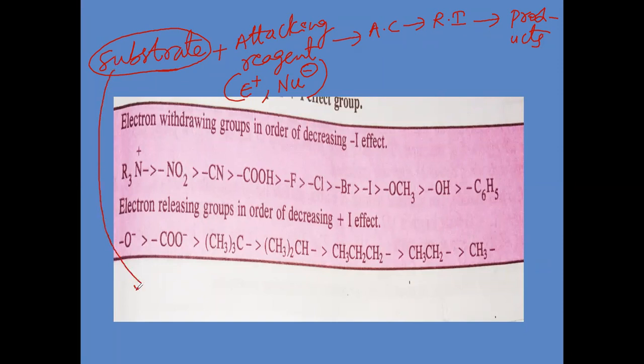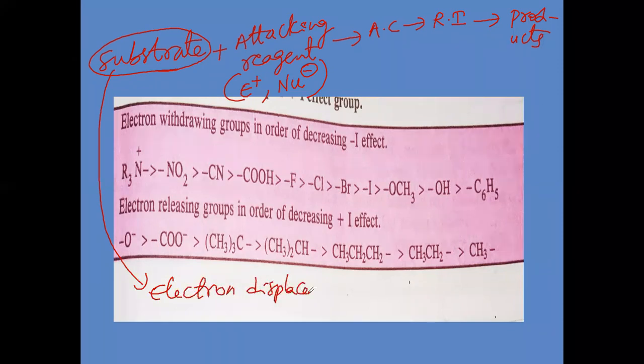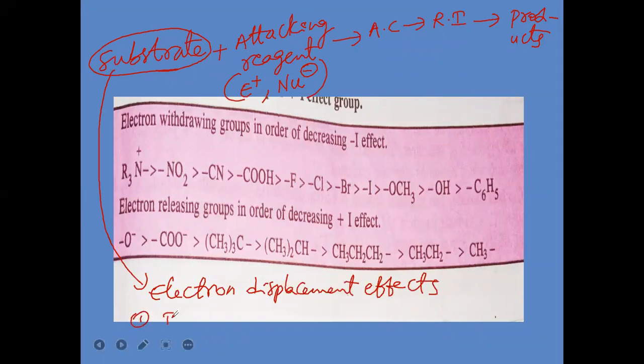So in these substrate molecules, electron displacement effects will be there. How many types of electronic displacements did I tell you? Inductive effect, electromeric effect, and third, mesomeric effect.